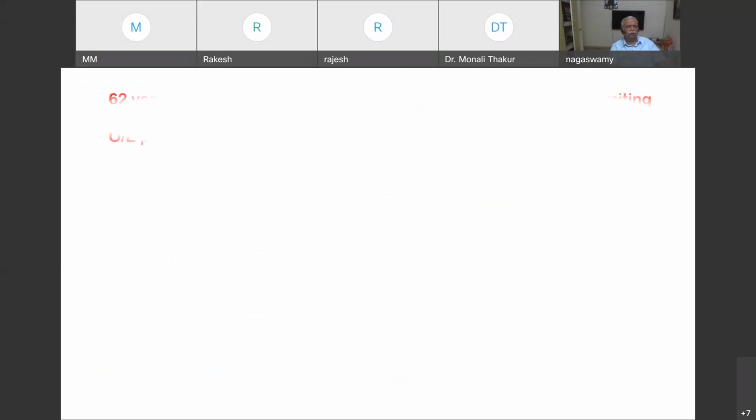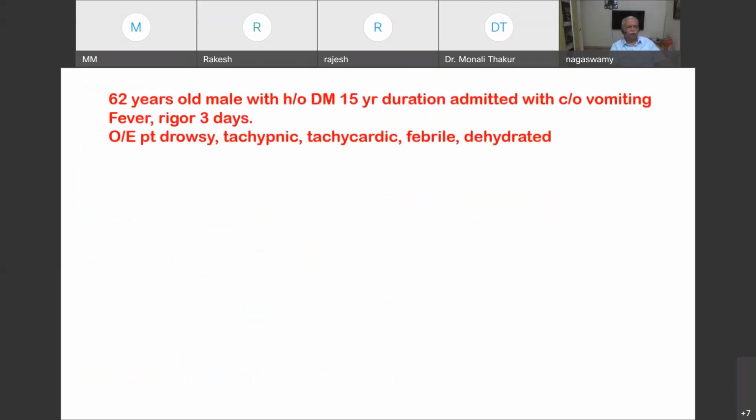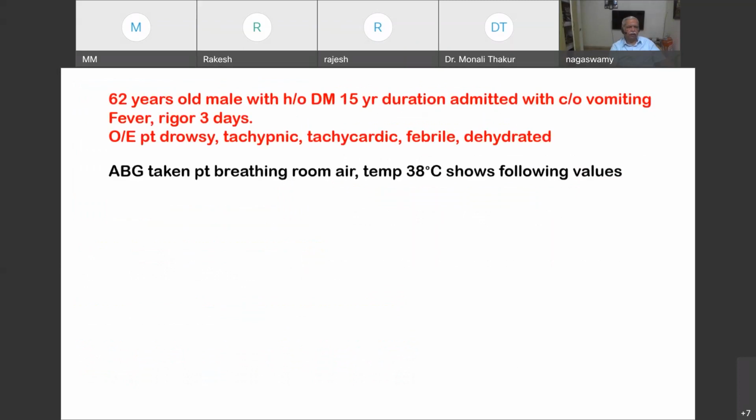Okay, both are. Now, a 62-year-old male with 15-year duration admitted with complaints of vomiting, fever, rigor, patient drowsy, tachypneic, tachycardic, febrile. ABG is taken at room temperature, room air with temperature 38.